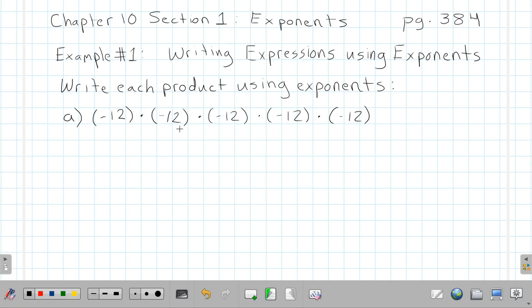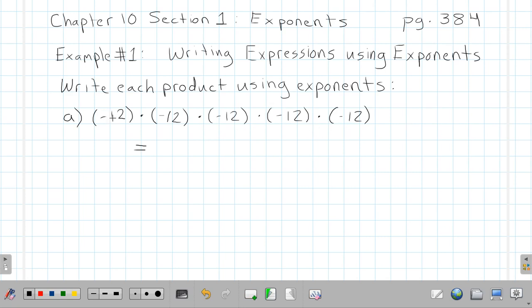Okay. So notice from the previous video, if you watched it, this is a power. We can represent this as a power because this is a product, meaning multiplication of repeated factors. So we need to ask ourselves two different questions here. First, what number is being repeated here?